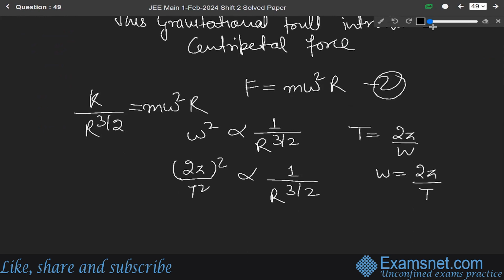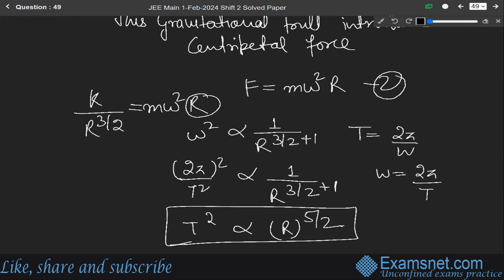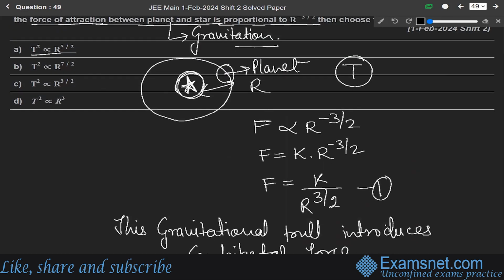Here is 1 r also. So omega square will be proportional to r to the power 3 by 2 plus 1. So t square will be directly proportional to r to the power 5 by 2. This is our final answer. So option A is the correct answer.